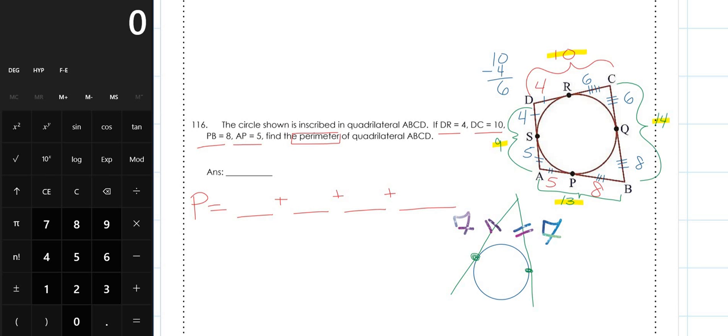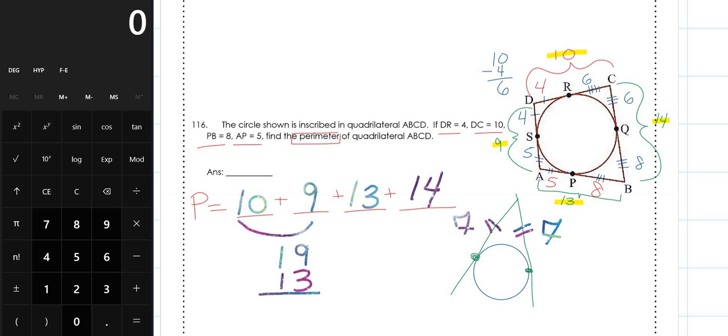Okay, so let's put in. Our perimeter is going to take 10, 9, 13, and 14 and add it all together. Oh, actually, it's a non-calculator question, so we have to do it without a calculator. Okay, 10 plus 9 is 19. 19 plus 13. 3 plus 9 is 12.